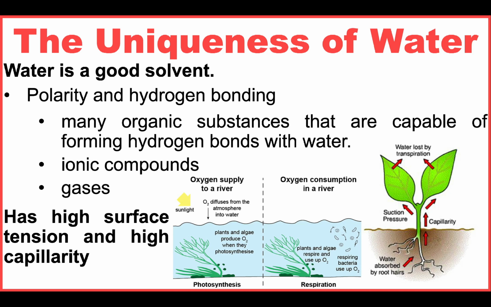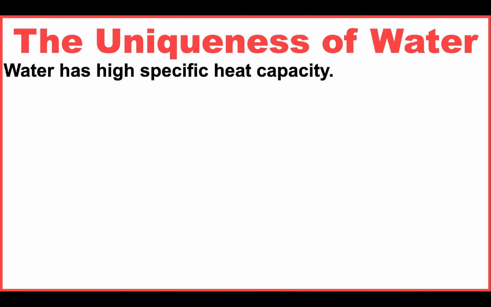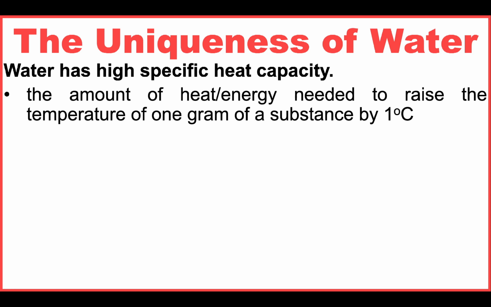Next, water has a high specific heat capacity. Specific heat is the amount of heat or energy needed to raise the temperature of 1 gram of a substance by 1 degree Celsius. The specific heat of water is 1 calorie per gram degree Celsius.